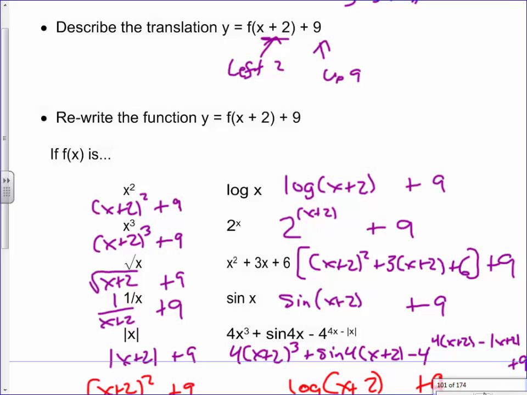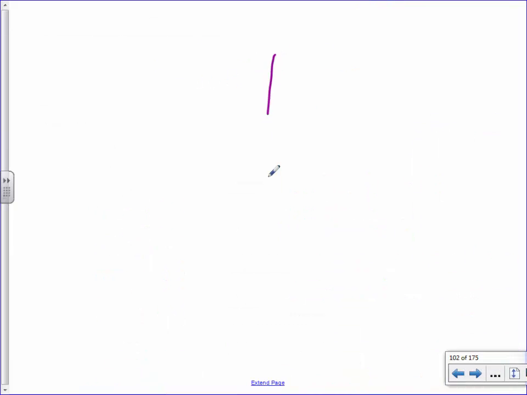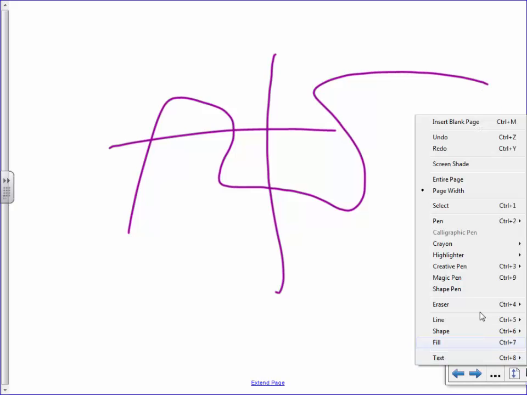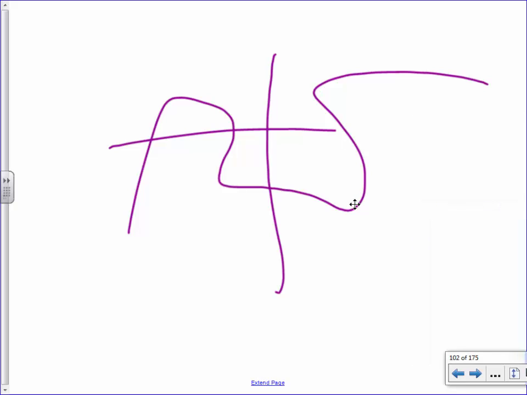All of these graphs, whatever they look like, we don't know what these graphs look like. But let's say the graph looked like this. What would have happened, and this is something neat that I can do on my smartboard, I can select, hang on a sec, so that I can do this properly. Here's a grid.